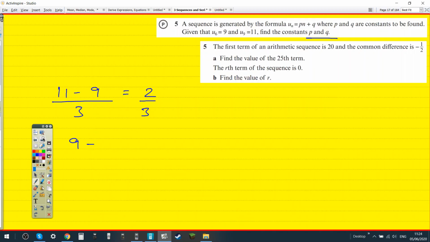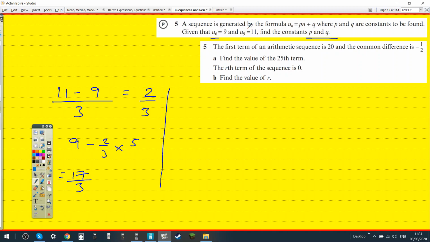So it's not minus 2/3 times 6. I think it's minus 2/3 times 5 to get back to U1. Okay. So that would be 17 over 3. Hopefully that's right.